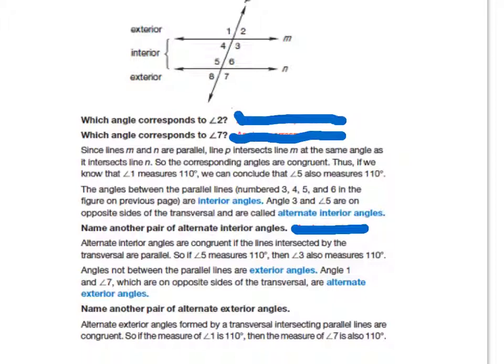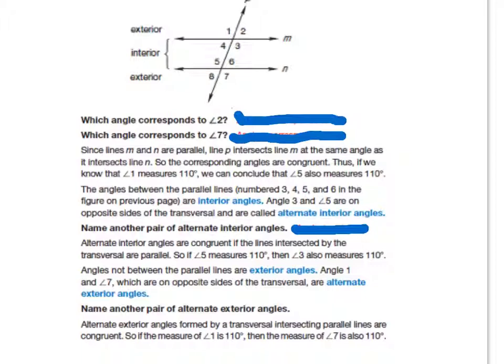Alternate interior angles are also congruent if the lines intersected by the transversal are parallel. So again, this is only in the case of parallel lines, but if they're parallel, we can conclude that the transversal is going to cut them the same way. Okay? So the alternate interior angles are congruent if the lines are parallel.